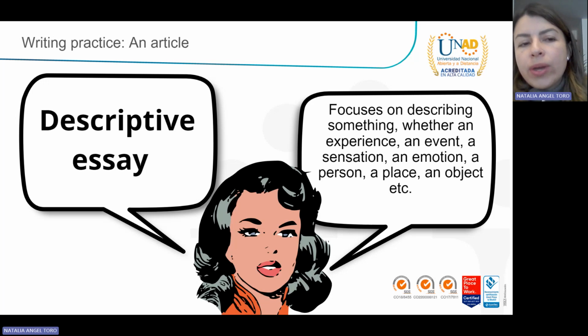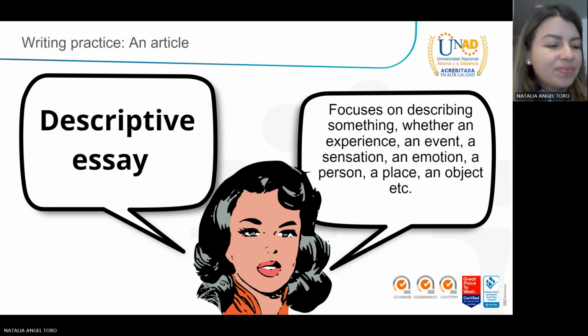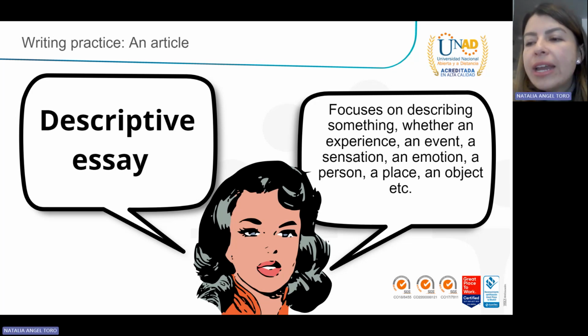Which kind of descriptive essays do we know? Or I don't know if you have an idea of a descriptive essay you like to read. Yes, I like it. And do you know any text that we can say could be a descriptive essay?